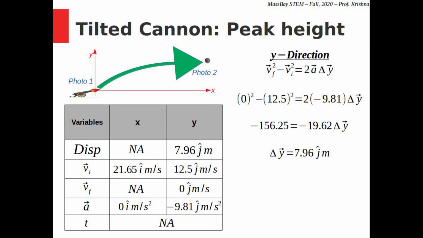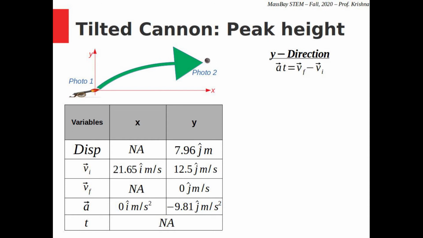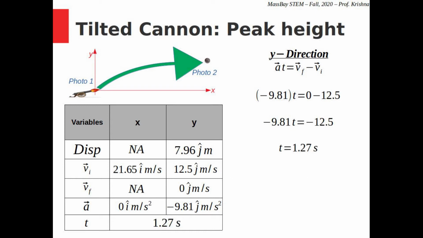But while we're at it, we can also solve for the other quantities. We can use toolbox equation 1 to find the time it takes for the cannonball to reach the peak. 1.27 seconds.